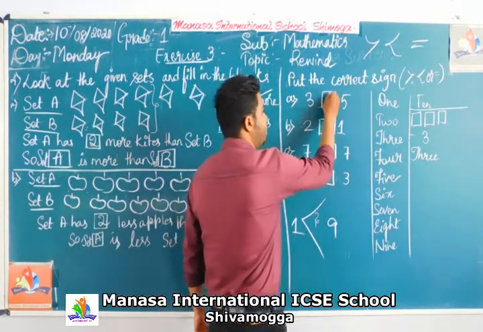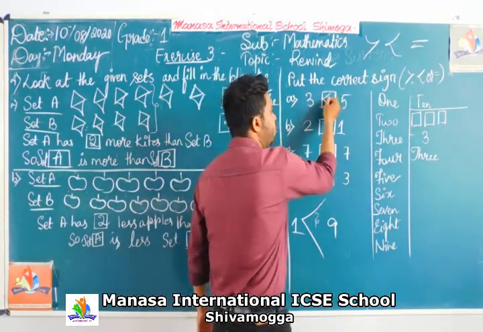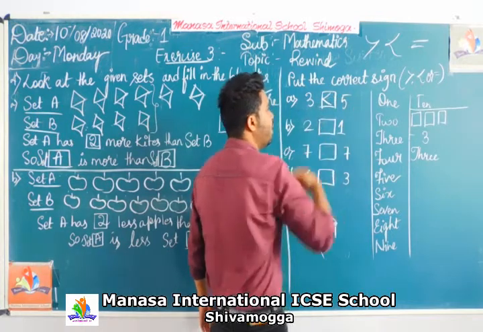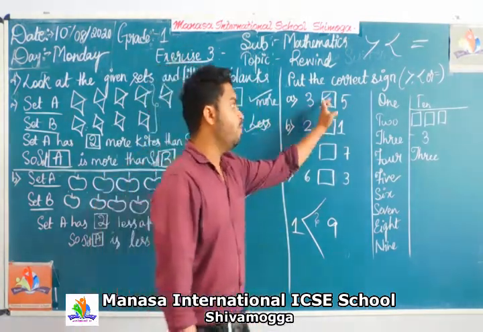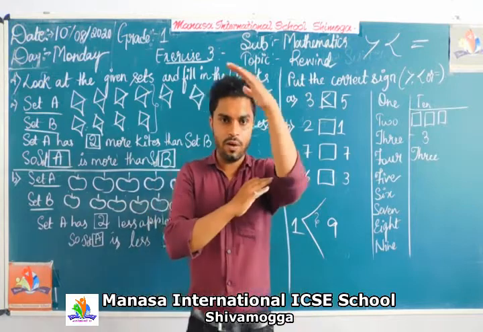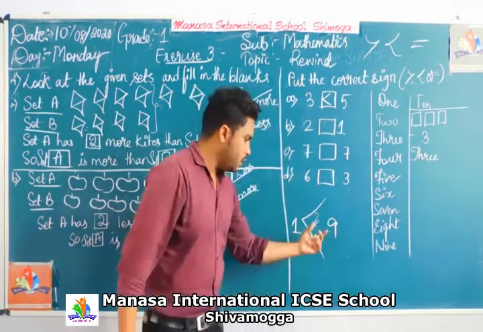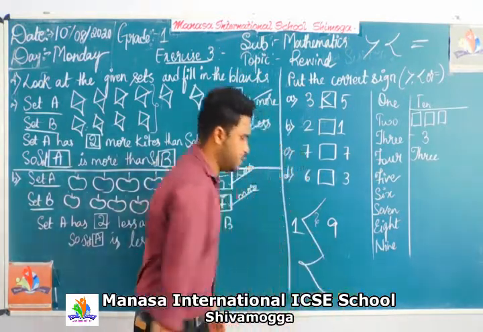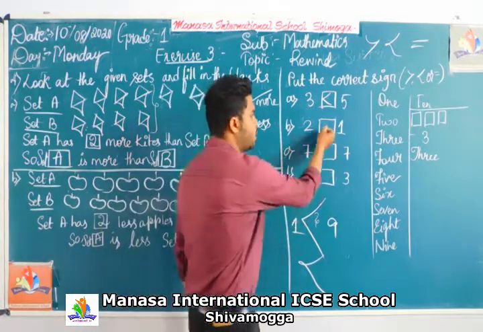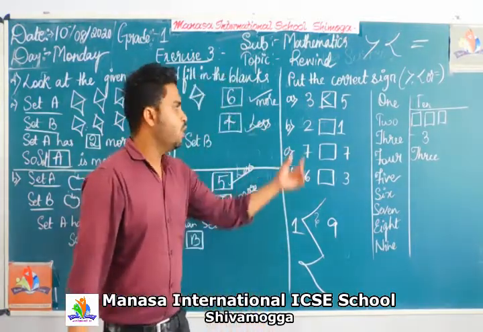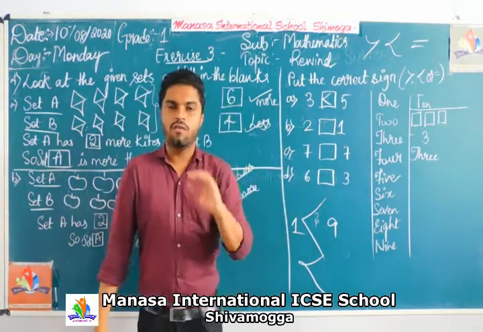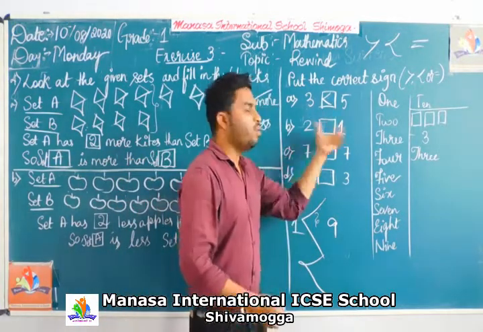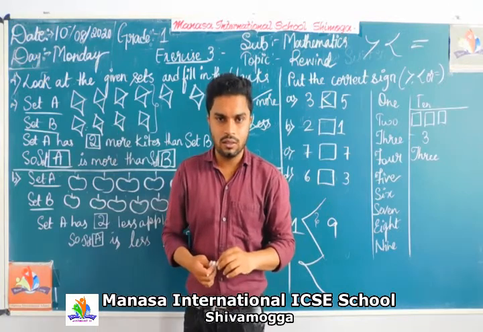So, for example, see like this. It should be towards the greater number. This open face. Can you see the open face? Okay, like this. Can you see the second question now? 2 and 1. Which is greater? 2 is greater when compared to 1.